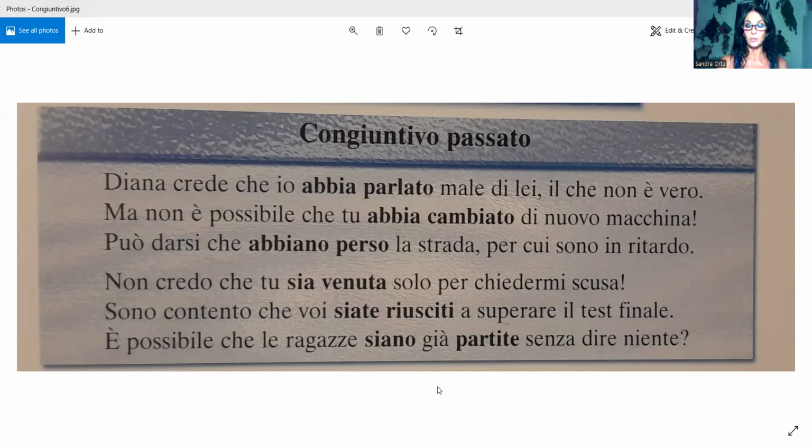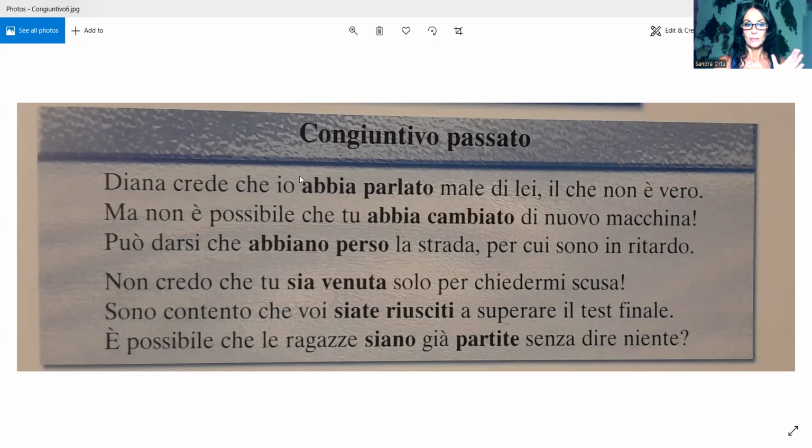This is congiuntivo passato, meaning, remember, the first part of the sentence is still in the present. Diana believes now. It is not possible now. It could be now. I do not believe. I am glad. It is possible. So the first part, all in the present. The second part, in the past.